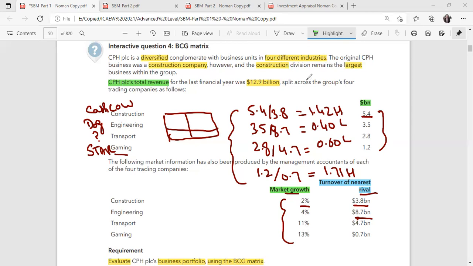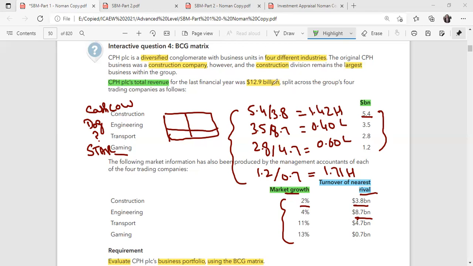But the calculation should not be with the overall market share. When we say market share, it should be my share, which is 5.4 divided by the total market of the construction business, or we can use this for analysis purposes. Yes, thank you, sir.